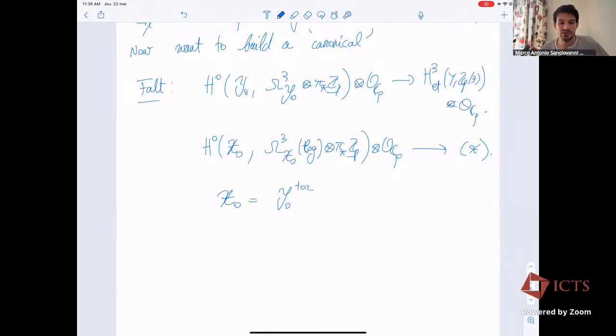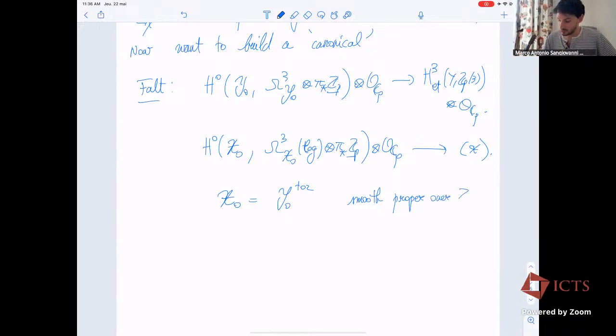We just want something that is non-singular, smooth and proper over Z_p. And the log structure comes from the divisor of the boundary.